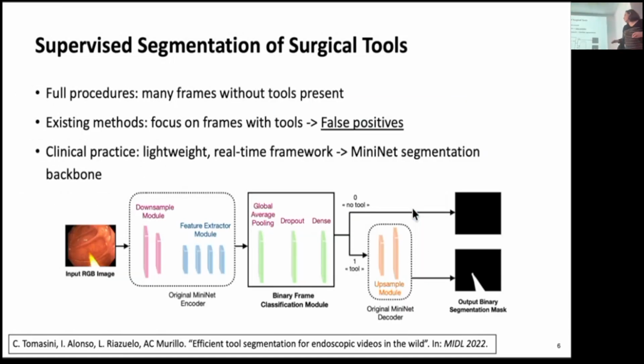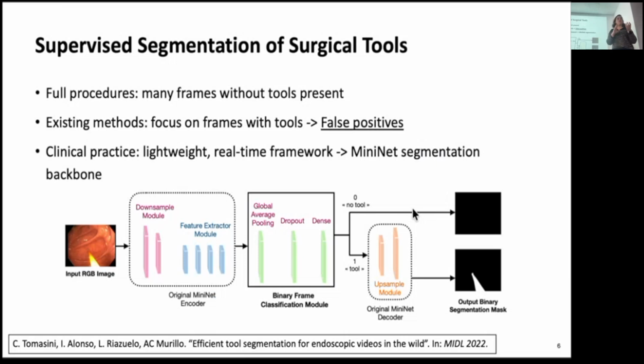And what we did with these tool segmentation labels is that we tried to take existing segmentation models. So in this case, we used MiniNet. It's a lightweight real-time segmentation model that was actually developed by someone in my lab, and tried to apply it to full procedures, meaning that we take the whole video and we apply the segmentation model to all the frames.